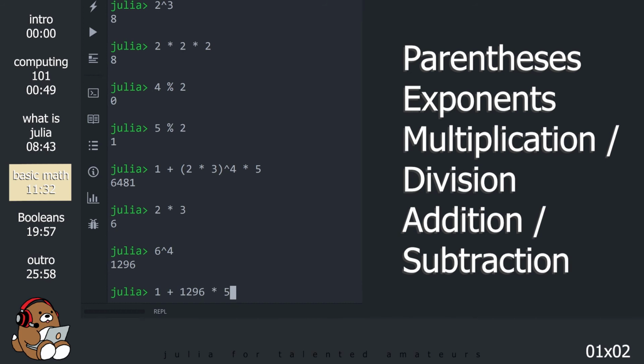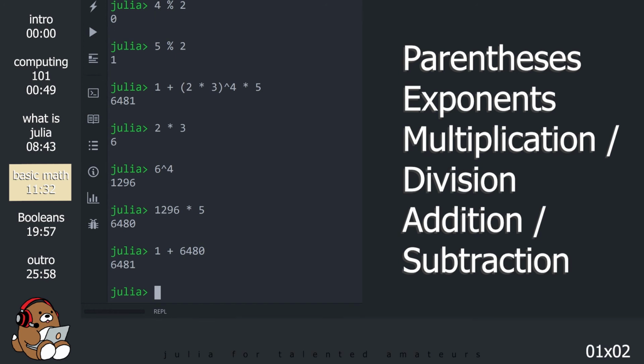And when Julia looks at this expression, it's going to do multiplication or division next because there are no parentheses, there are no exponents. The next thing on the list is multiplication or division. Julia is going to go 1296 times 5, and that's 6480. Now all you're left with is 1 plus 6480, and that, of course, is 6481.